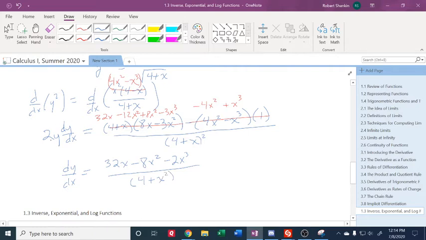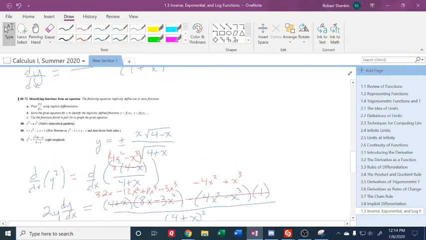But I multiply both sides by 1 over 2y, so it puts a 2y down in the denominator over here. And then the only last thing I would do is factor out a 2 in the numerator and then cancel that with this 2 over here. Basically that would be the answer for A.